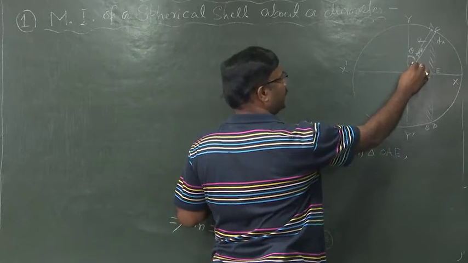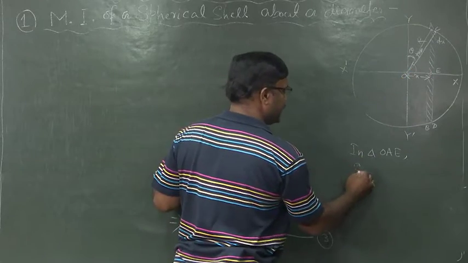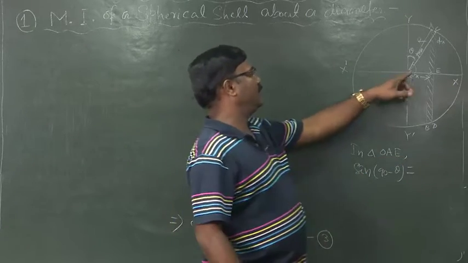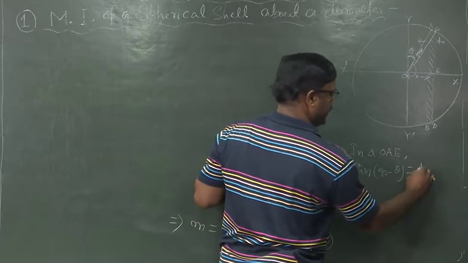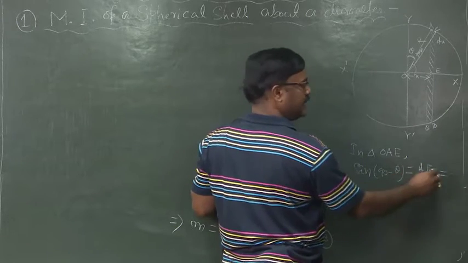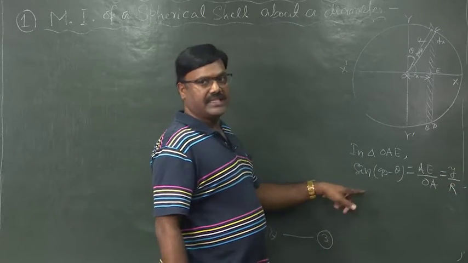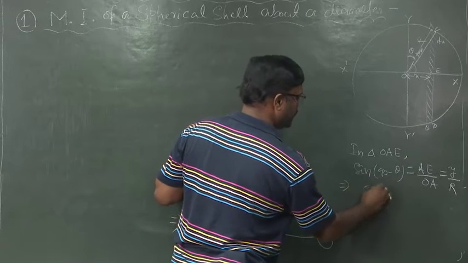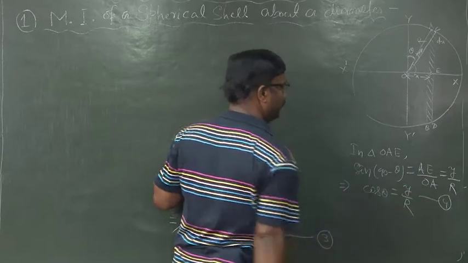In triangle OAE, this is theta, so this will be 90 minus theta. If we consider sin 90 minus theta, it will be equal to P by H, that is AE by OA, and we have found AE to be y and OA is equal to r. We know sin 90 minus theta is equal to cos theta, so cos theta is equal to y by r, equation 4.